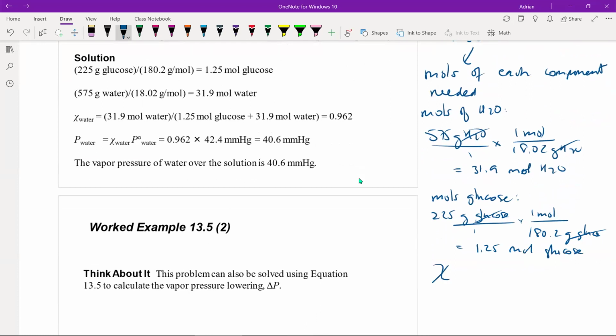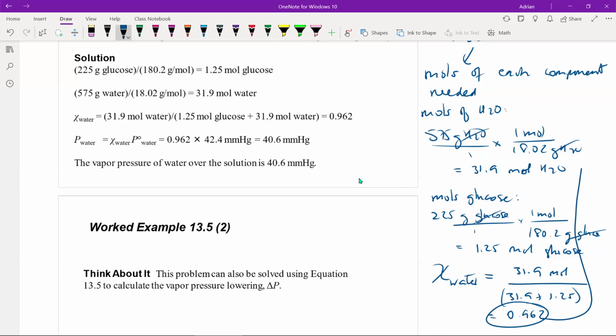Then the mole fraction of the water would be the moles of water, 31.9, divided by the total moles of everything, so 31.9 plus 1.25. That's going to give a mole fraction of 0.962.